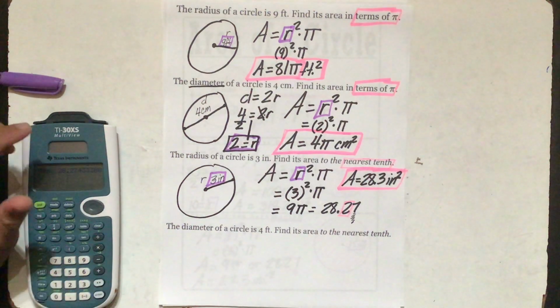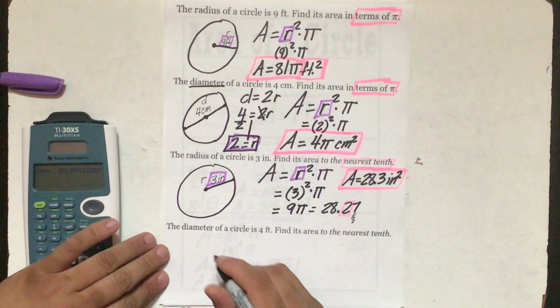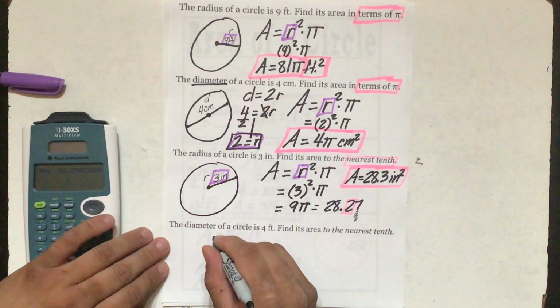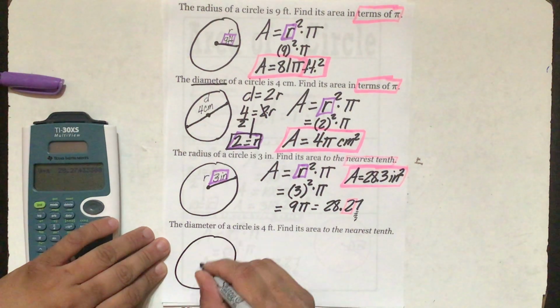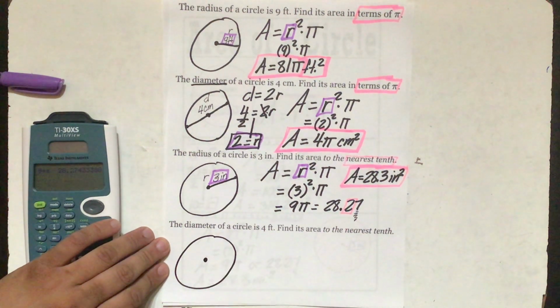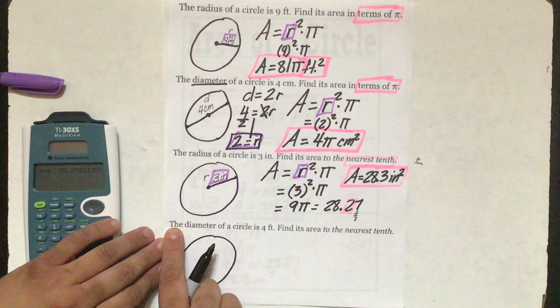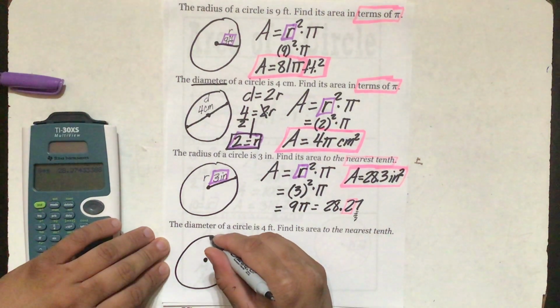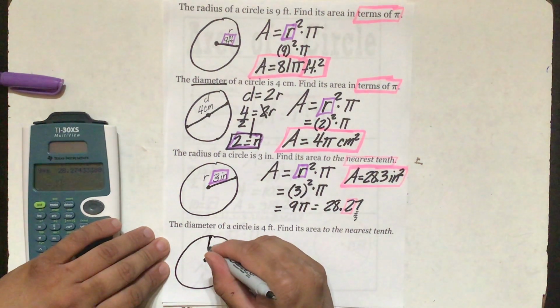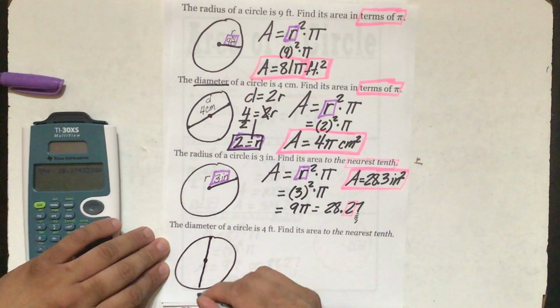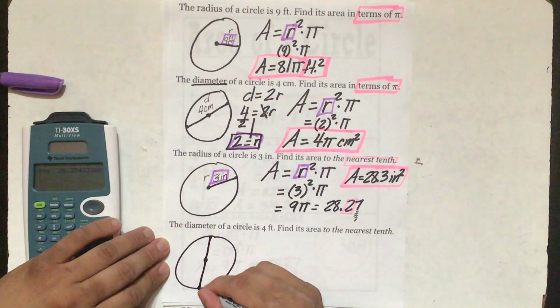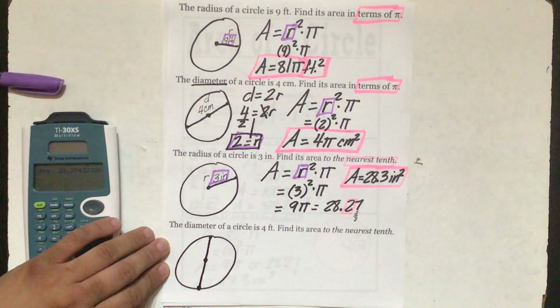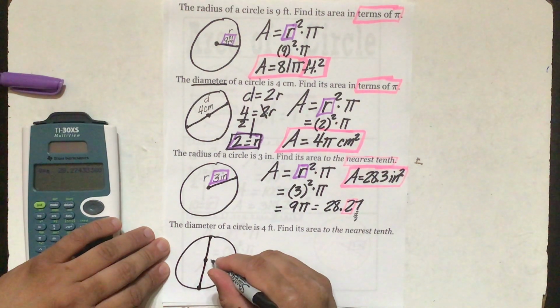So next question, last one here. So again, let's draw our circle. Let's draw our point in the center, and let's read. The diameter, well, I know it's going to be a line from one side of the circle through the center all the way to the other side. The diameter is 4 feet.